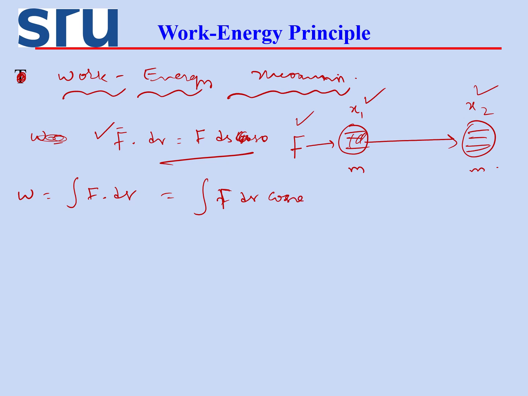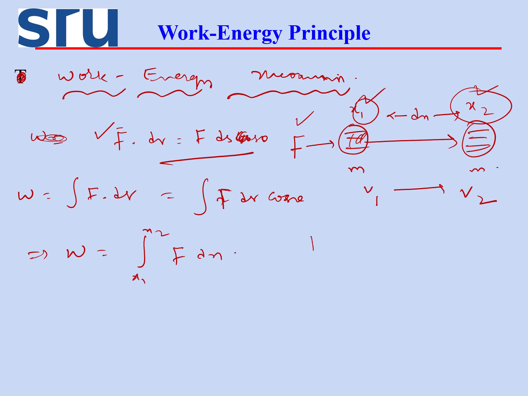Now the object is moving from x1 to x2. So the velocity also increased from v1 to v2. So in this case, W equals, we write the integral from x1 to x2. So now the change from x1 to x2, that is dx, say, F dx.